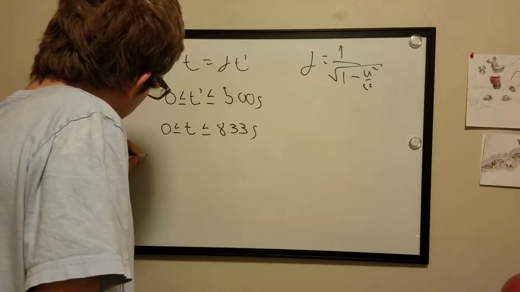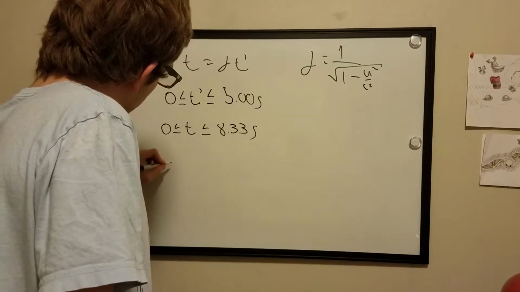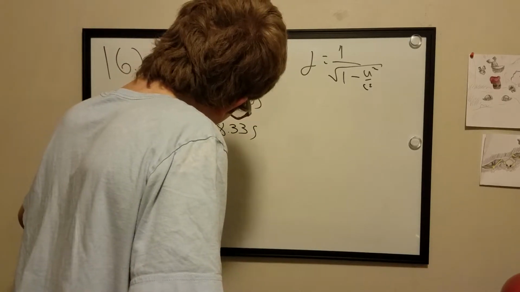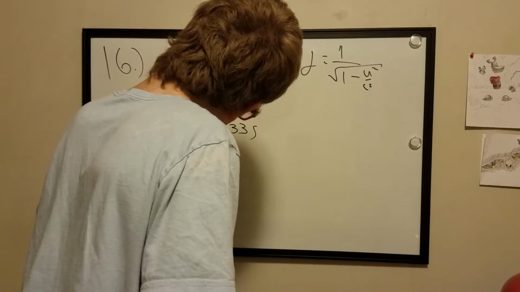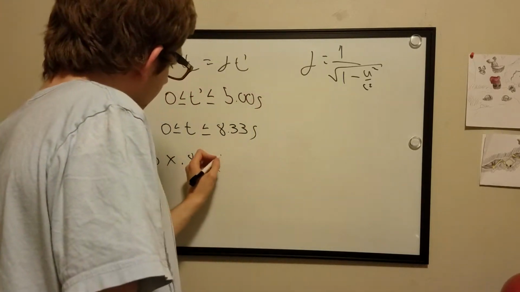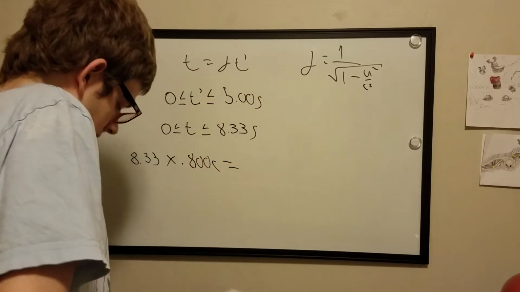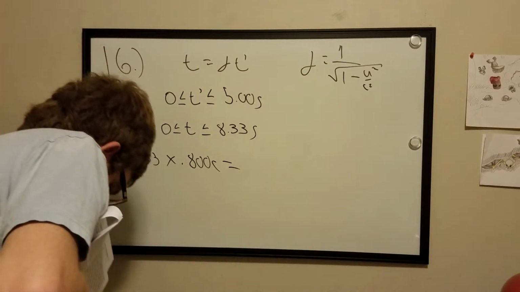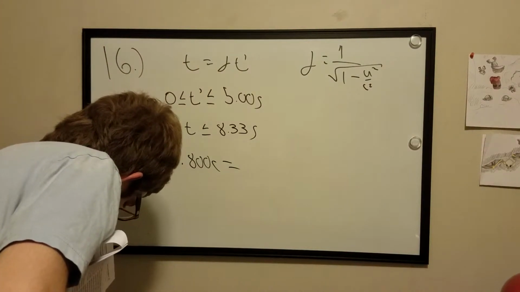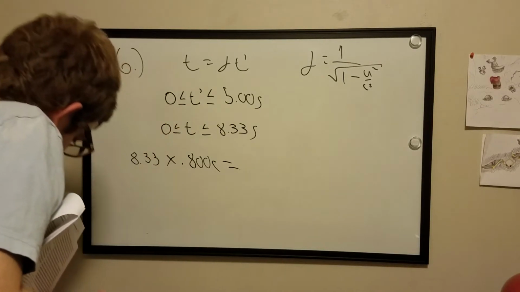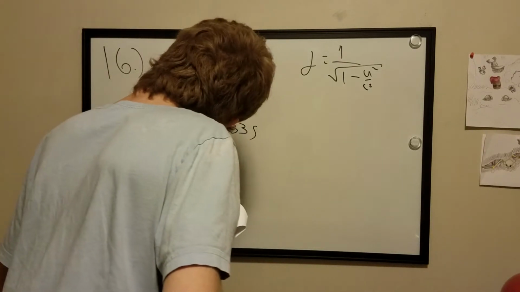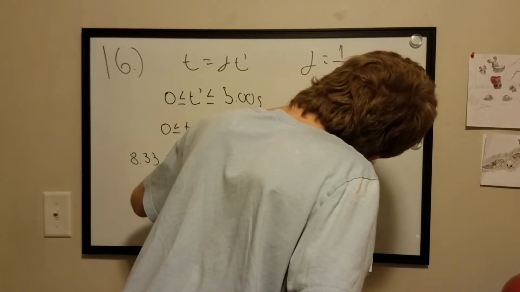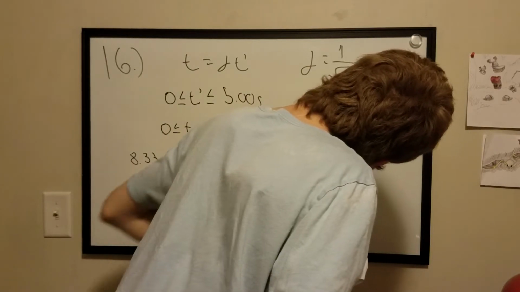If you do 8.33 seconds times Mavis's speed, which is 0.800 c, this answer would come out to be 2.00 times 10 to the 9th meters.